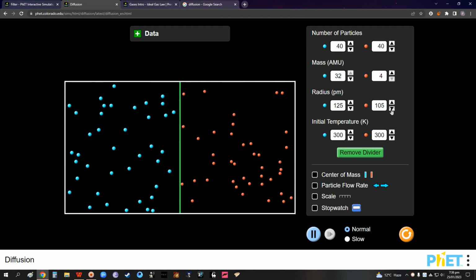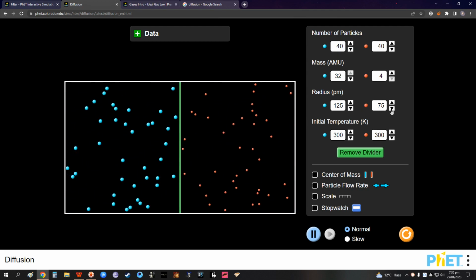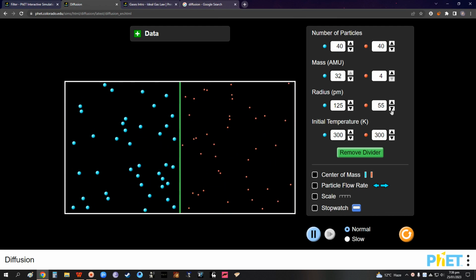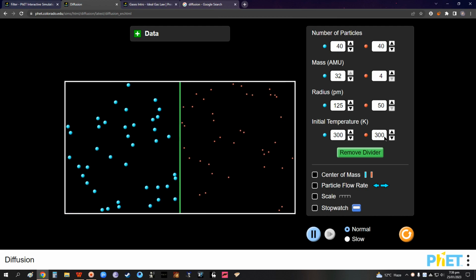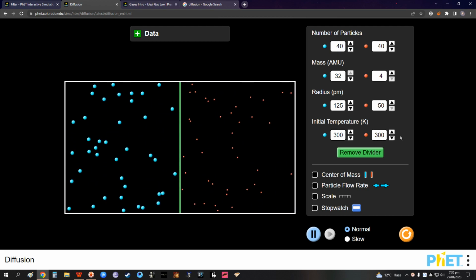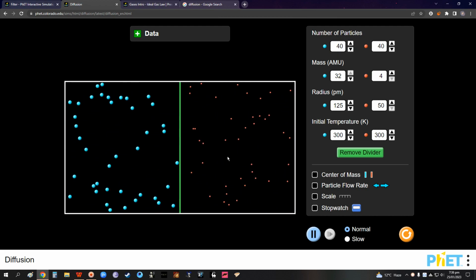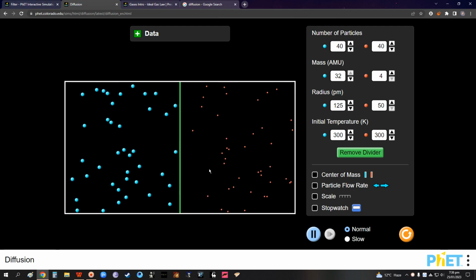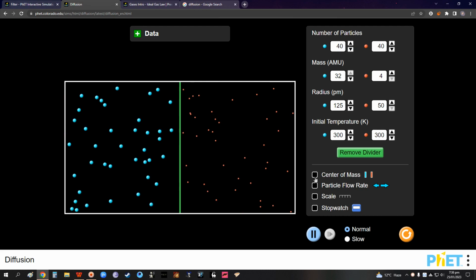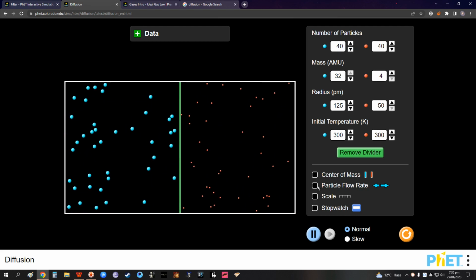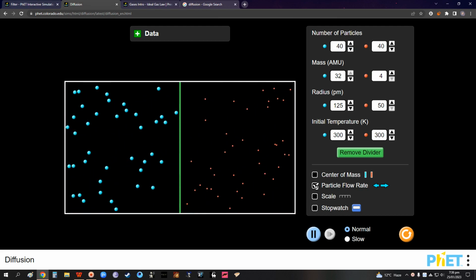I'm going to reduce the radius as well. Now you can see these helium particles, since they are very small, are very fast as well. I'm not going to touch the temperature for the moment because I want both these gases to be at the same temperature once they start diffusing into each other. So you can see the net movement.